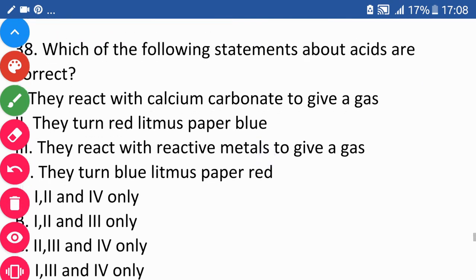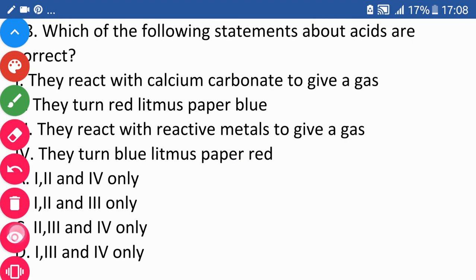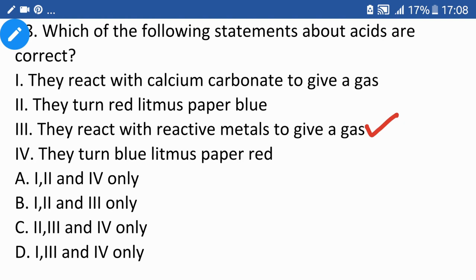38. Which of the following statements about acids are correct? So let's analyze here. The third one is correct. They react with reactive metals to give a gas. So let's look at the ones which have the I. It's likely that this could be correct.